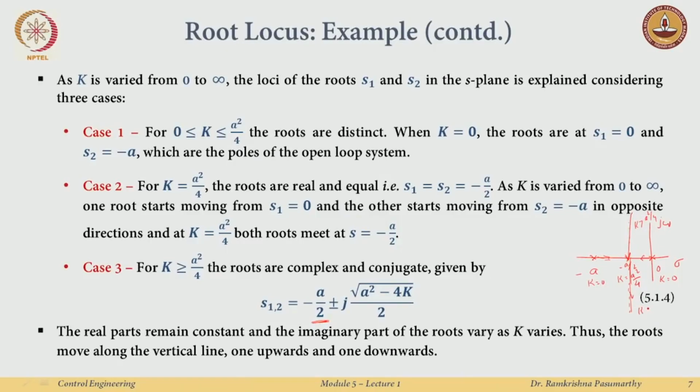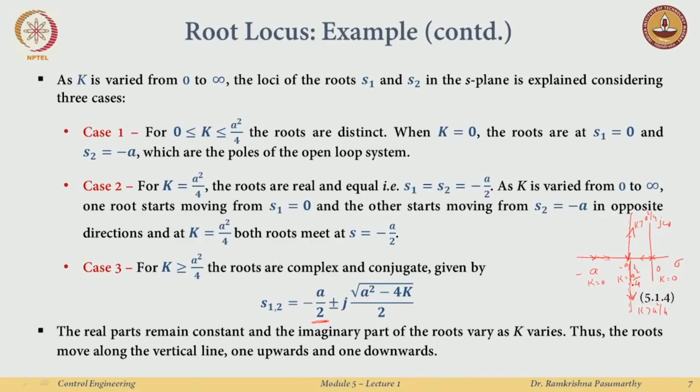Similarly here, for k greater than a square by 4, and we know that if there is a root here, there will always be a root here, because of the nature of the system. So, the real part remains constant and the imaginary part varies as the gain k varies. Thus, the roots move along a vertical line, so they go this way and this way.